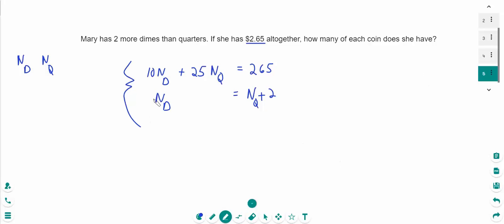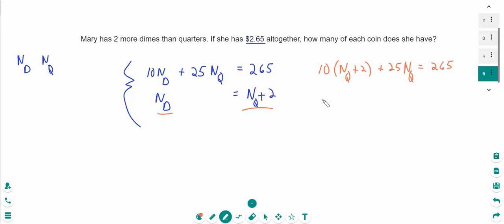So let's take that first equation, plug in n sub d is equal to n sub q plus 2. So we have 10 times n sub d, which is equal to n sub q plus 2, and plus 25 n sub q. Sorry, I got distracted there. Equals 265. Okay, then let's multiply things through.